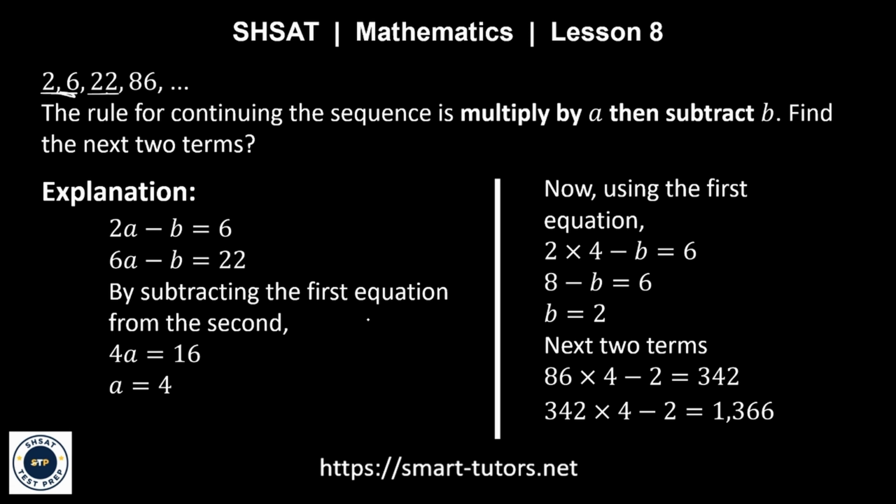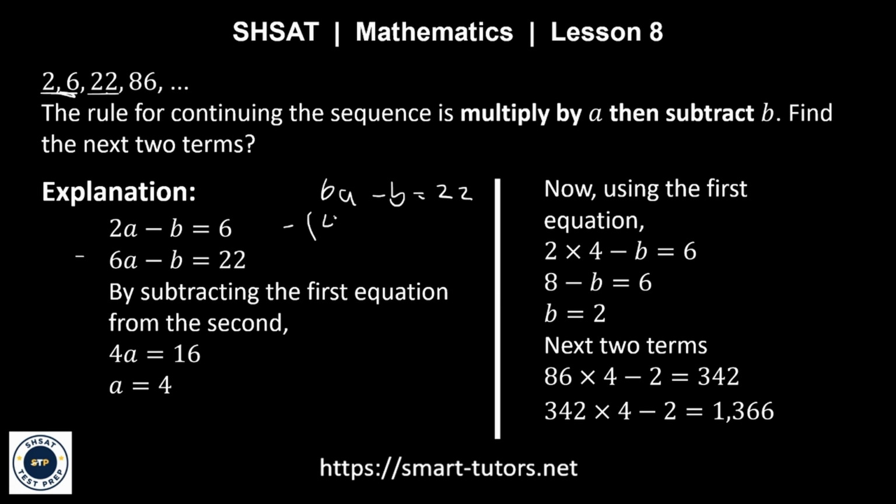So to find the terms, we can subtract the first equation from the second to give us a simplified version. So we get 4A minus 16, and we got that by subtracting 2A minus B equals 6 from 6A minus B equals 22.